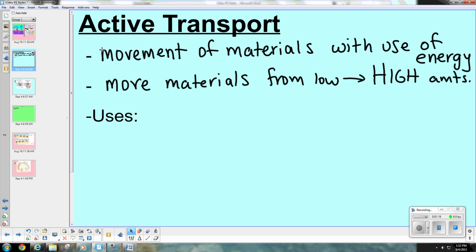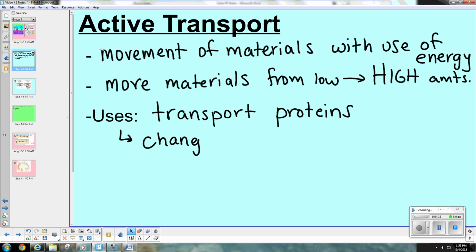Active transport uses what are called transport proteins. We worked with proteins in the previous unit; we know their structures, and that they're made up of amino acids. But transport proteins change shape when they bind to the molecule that's going to be moved across the membrane.